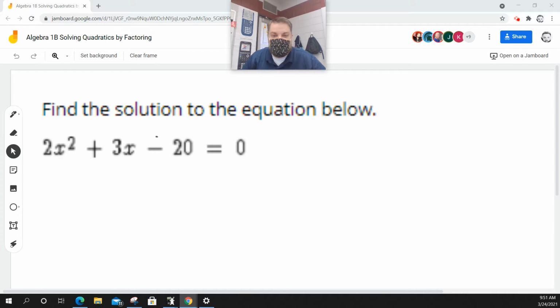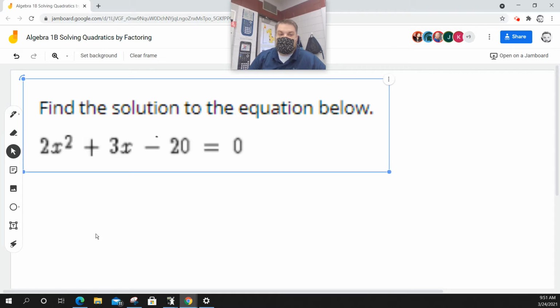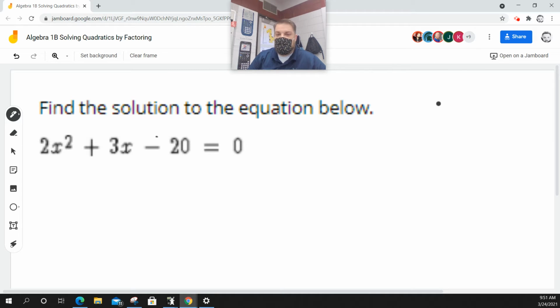And we're going to find the solution to this equation below, which is 2x squared plus 3x minus 20 equals 0. So, again, we got to think, okay, ax squared plus bx plus c equals 0.